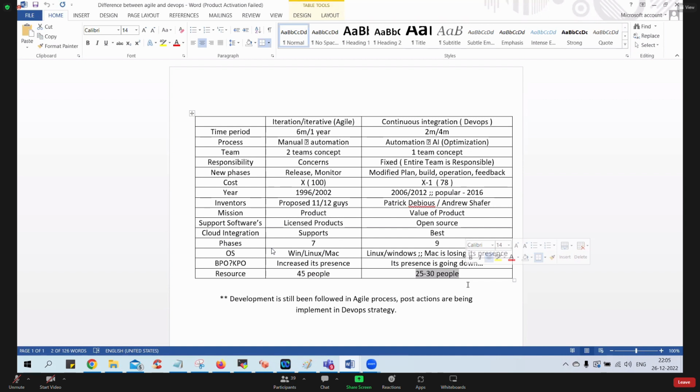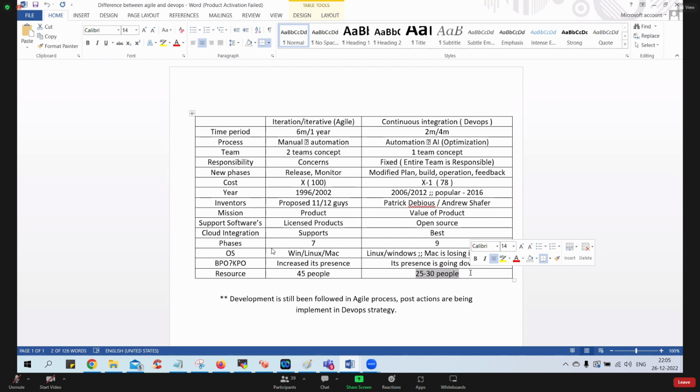Correct. Now, one question I would ask: is it really possible to have 100% automation? Not possible. Clear? Still, you will have the jobs. But the point is, jobs will come down. Some departments, or you can say some segments, will lose their relevance.